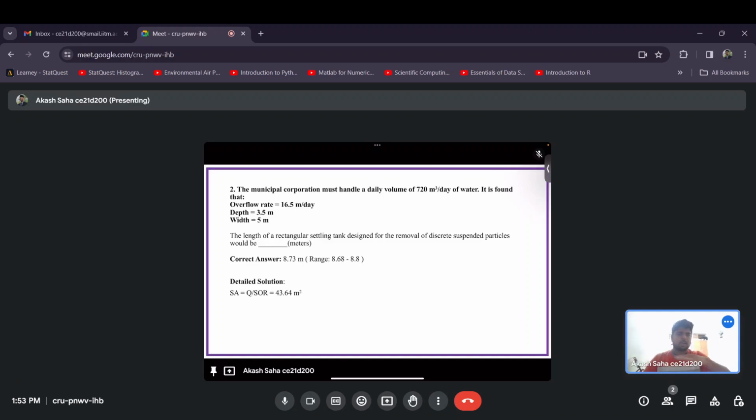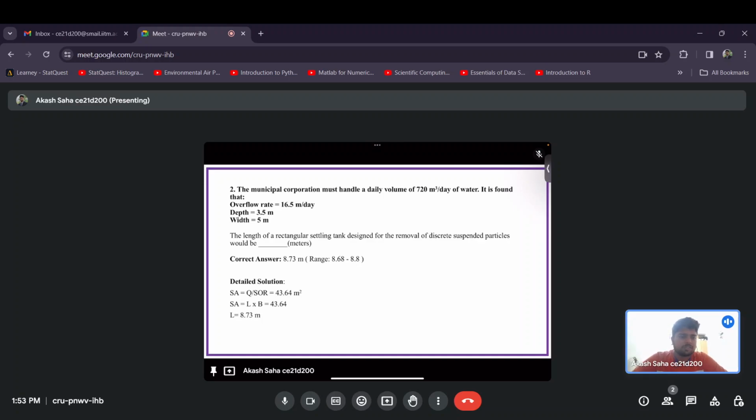That is the top part of my reactor. So the top part will be nothing but the length into the width. Okay. So correspondingly, we will equate it to L into B. So my L into B will be 43.64, where the width is already given as 5 meters. So my length will be equal to 8.74 meters.